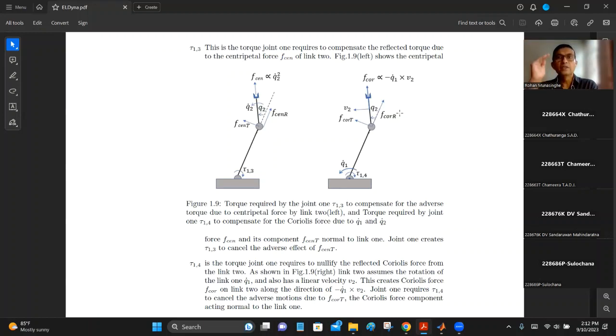And also it has this linear velocity, right? It has a linear velocity because of its own angular motion, and it has an angular velocity from the previous link.